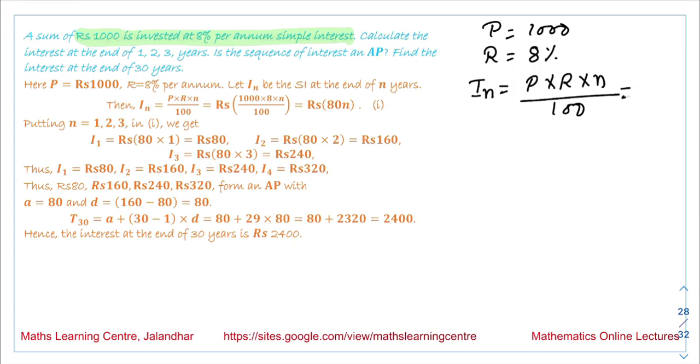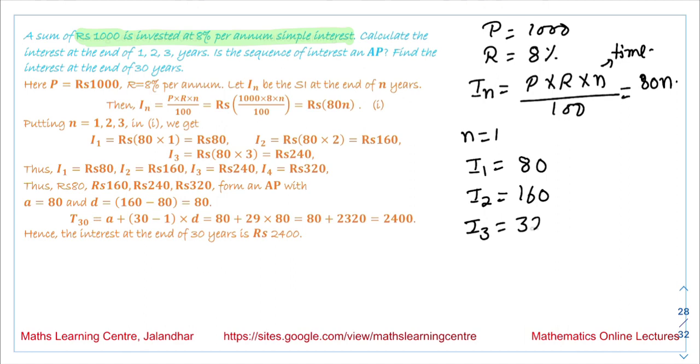So that is equal to, with these values, 80 times n. N is the time we are talking about. So if we put n is equal to 1, we get interest after 1 year, it is 80. Interest after 2 years, it is 160. Interest after 3 years, it is 240, and so on.